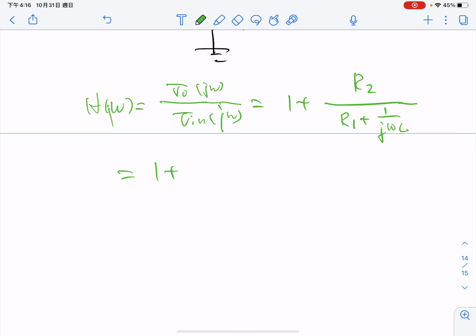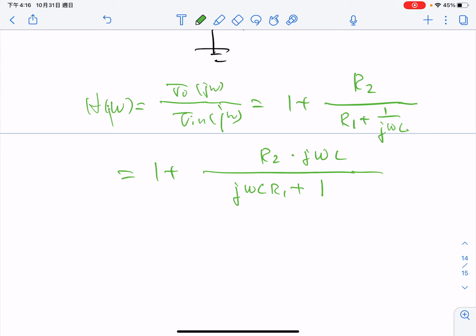It's 1 plus R2, and this one should be j omega C R1 plus 1, and this one has to be multiplied by the j omega C, I believe. Right? Yeah, this sounds correct.